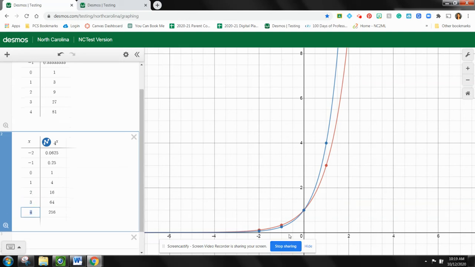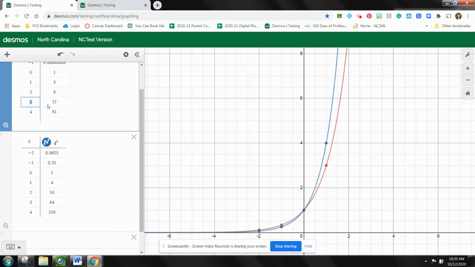So if you notice, as soon as x gets to be larger than 0, this blue function takes off running faster than the red. And if you look at x equals 3, it's very visible.